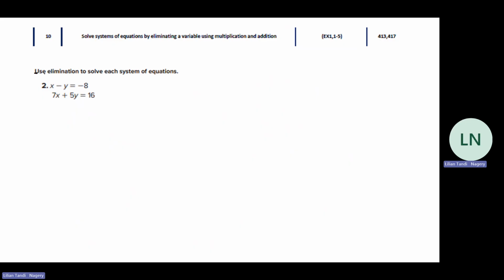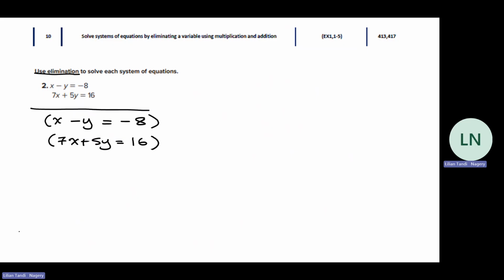Okay, the question told me to use elimination. My first question is, do I have same number, same letter? My answer is no, and because my answer is no, I'm going to do parentheses. I'm going to do here x minus y equals negative 8. And I'm going to do 7x plus 5y equals 16.